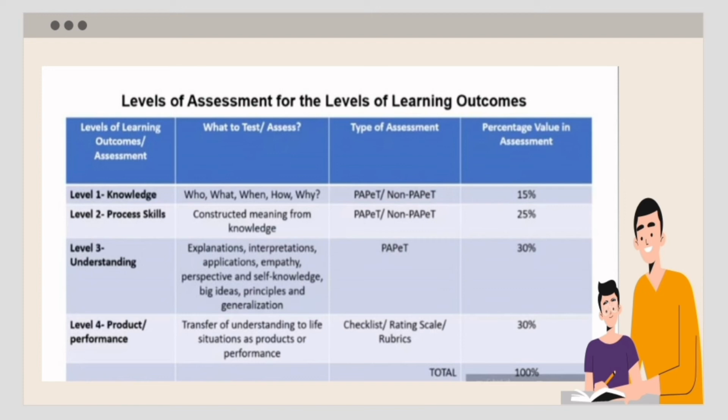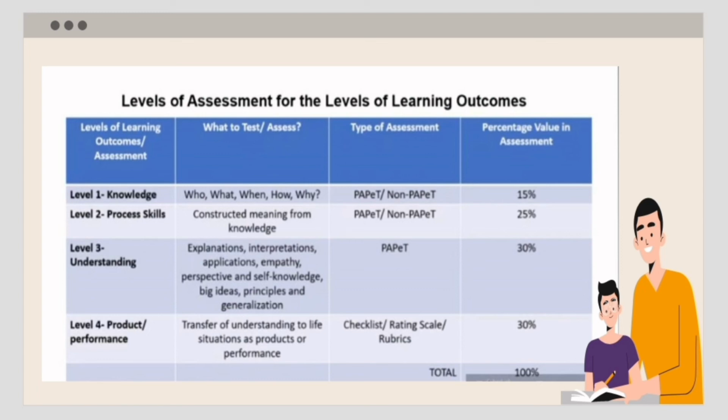The levels of the learning outcomes are also used to describe the levels of assessment through Department of Education Order Number 73, Series of 2012. In other words, the levels of assessment also follow the levels of thinking skills from lower level to higher level.